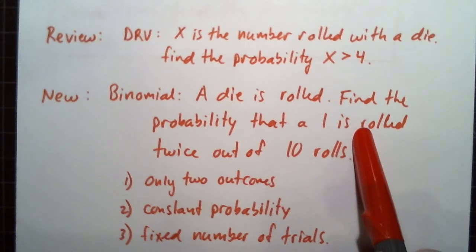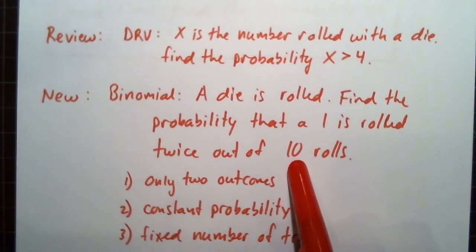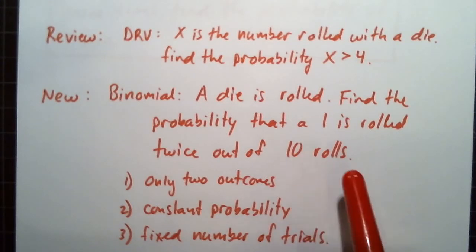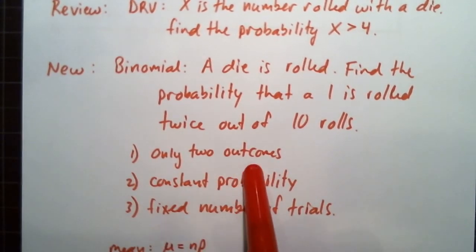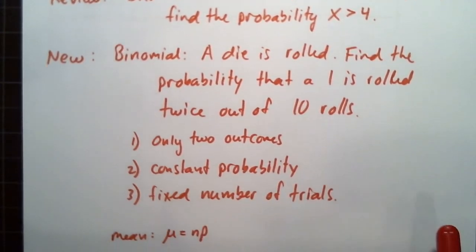And so that's having only 2 outcomes. We also have to look at there's a fixed number of trials, and the probability always has to be the same. So we want to look for only 2 outcomes, always the same probability, and a fixed number of trials.